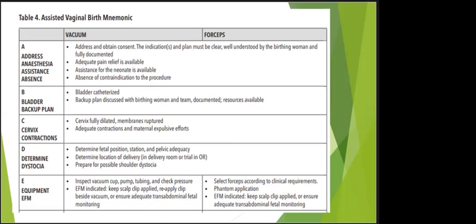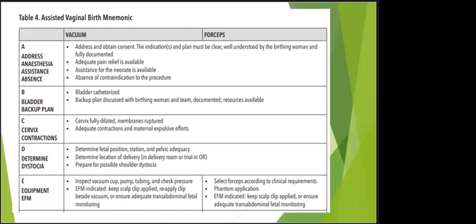Okay, so we have a mnemonic when you do vaginal vacuum extraction or also with forceps. Okay, there should be anesthesia. You have your assistants. You have to secure consent. And there should be no contraindication.